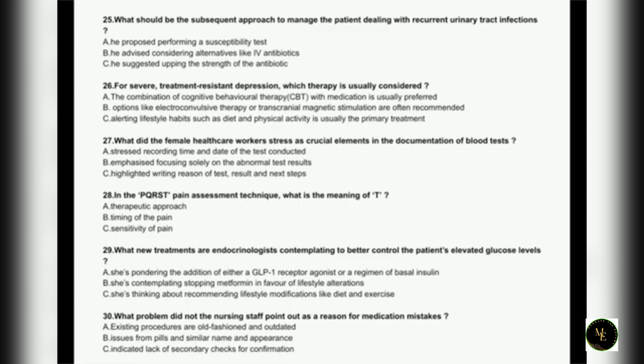Have you considered running a sensitivity test? Yes, we've done that, and the results were inconclusive. What would you recommend as the next steps? In cases like these, it might be helpful to explore other treatment options like intravenous antibiotics or consult an infectious disease specialist. It's crucial to ensure we're not contributing to antibiotic resistance by prescribing the wrong medication.